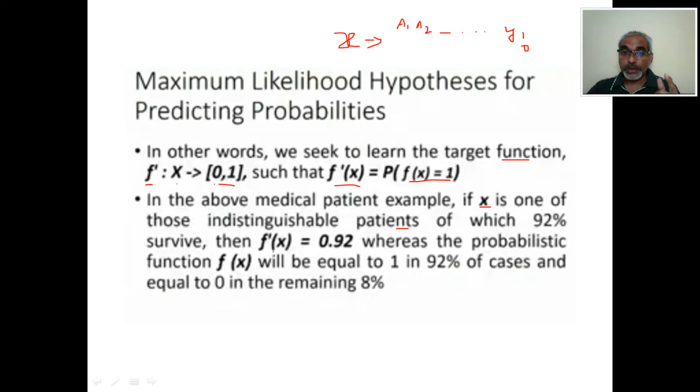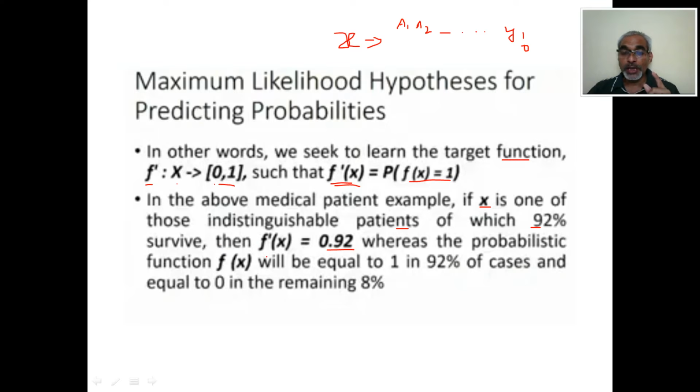So 92% survive means what is our f dash of x now? f dash of x is equal to probability of f of x equal to 1. What is it when you say f of x equal to 1? 92%. So the probability of this is how much? 0.92. So the probability is 0.92, and when you say it in percentage, it is 92%.